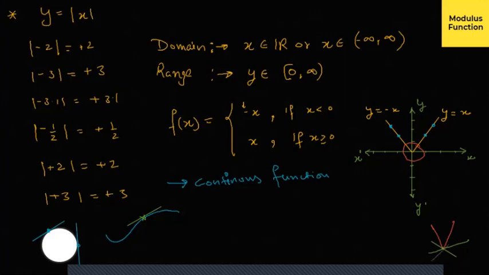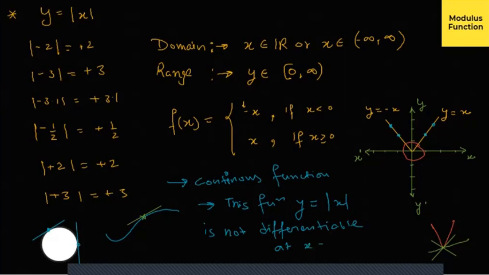Since at this point more than two tangents are existing, so tangent is not unique. Okay, so the function is not differentiable at this point. So we can say that this function y is equal to modulus of x is not differentiable at x is equal to 0.